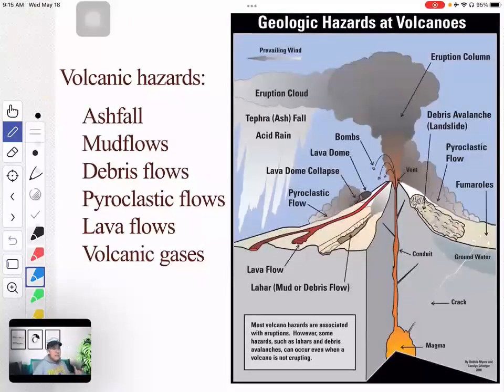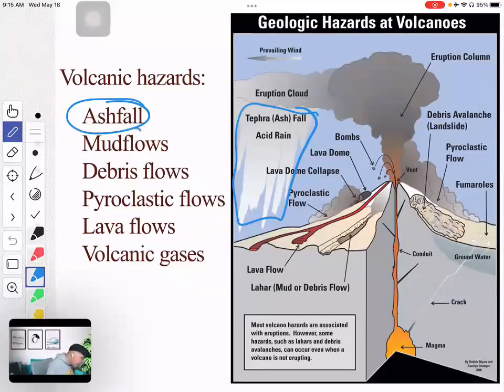So here's a summary of those major hazards. So we have, as we mentioned, ashfall, also known as tephra. Then we have mud flows.